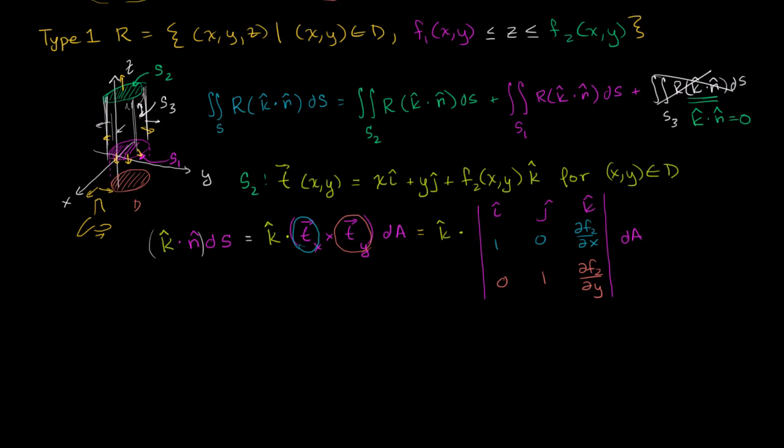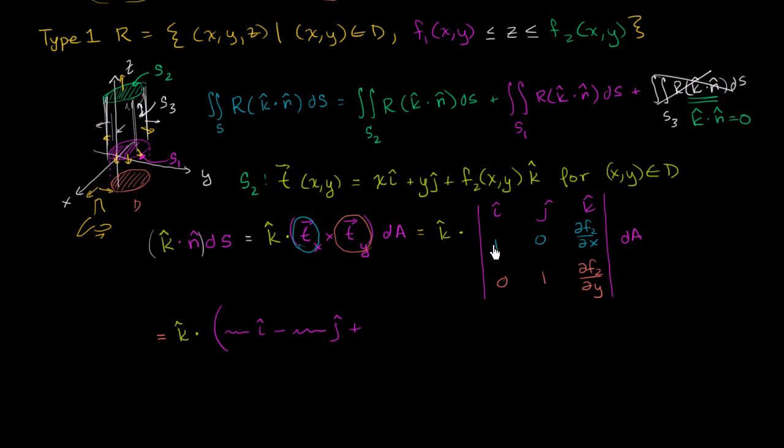And this is all going to be equal to the unit vector k dotted with, and I don't even have to work it all out, something times the i unit vector, minus something, checkerboard pattern, times our j unit vector, plus, and now we can think about the k unit vector.